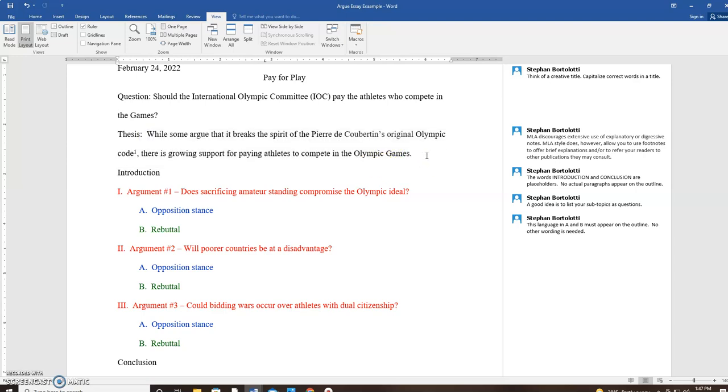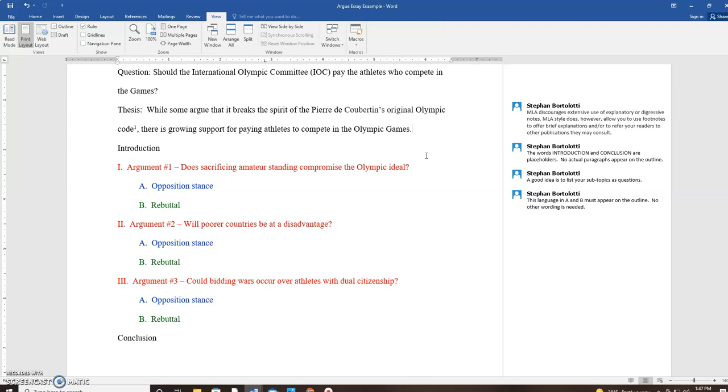Okay? You have to divide your topic into 3 subtopics, and these will become your main arguments. These subtopics will become the focal point of your subtopic paragraphs.